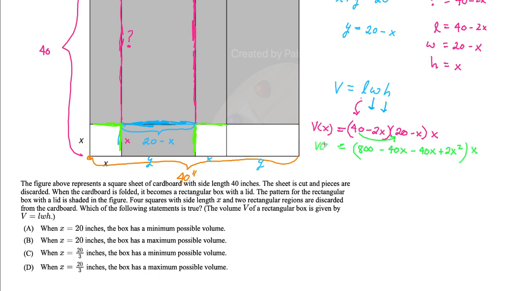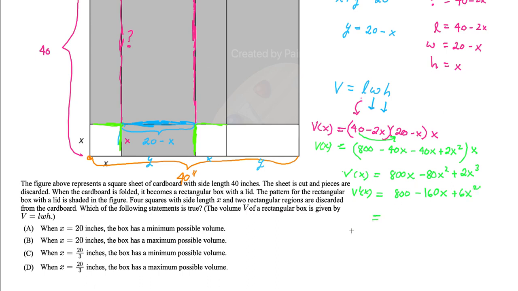So now I got a function for v of x. It's going to be equal to 800x minus 80x squared plus 2x cubed. And now I differentiate. So v prime of x is going to equal 800 minus 160x plus 6x squared.